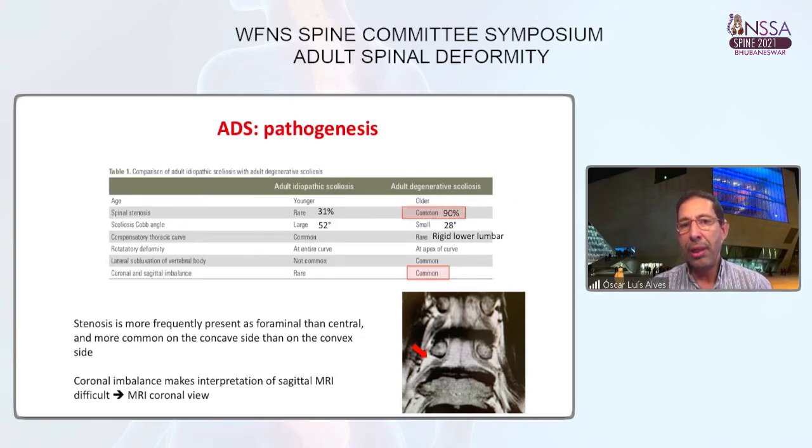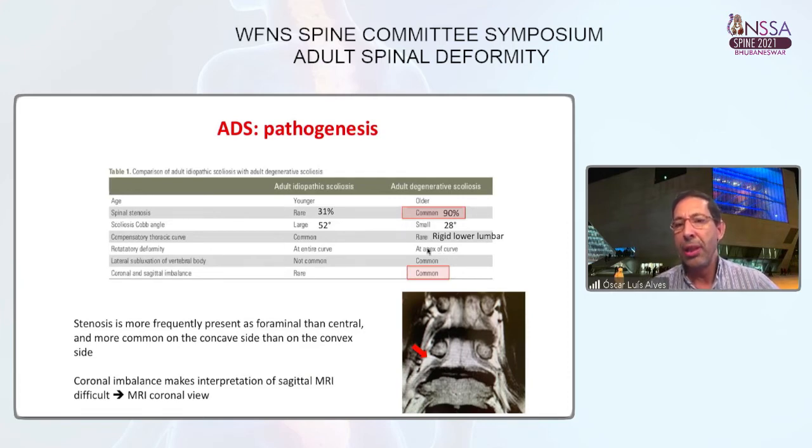Of course, degenerative patients are older. Stenosis is much more common in the lower lumbar spine. Cobb angles tend to be smaller. Actually, a compensatory thoracic curve is rare. It's more frequent to have a rigid lower lumbar curve.